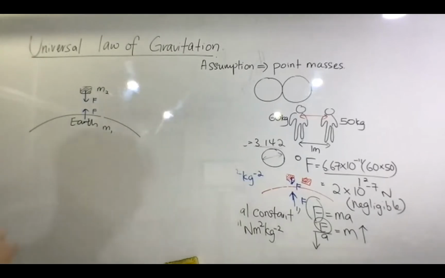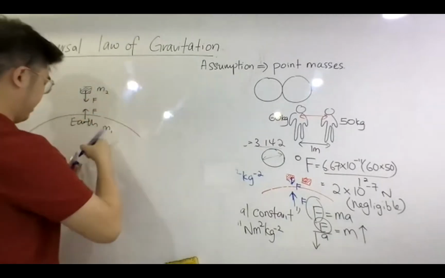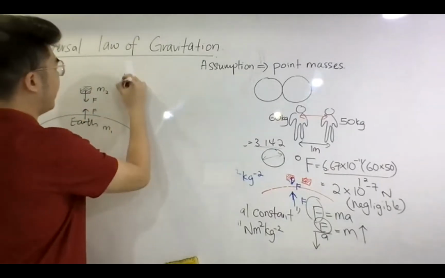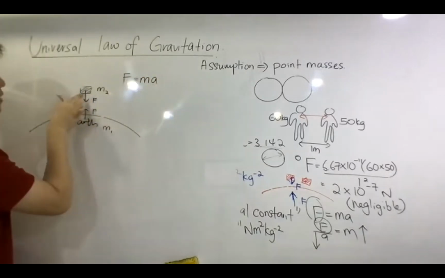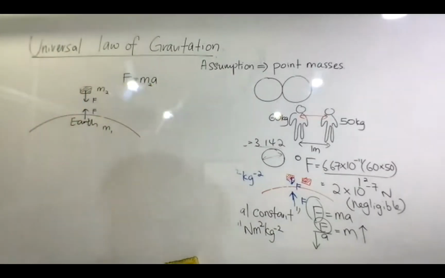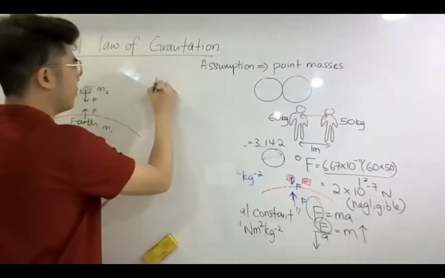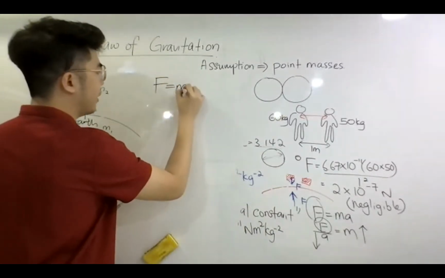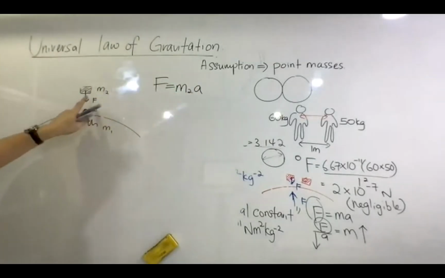Okay, when this force becomes the net force, I can use F equals to ma. F equals to ma. m 是这个 mass m, 所以 m2a. Can you see or not? This one I write it here. The bright spot is blocking you. m2a. Okay? Force acting on this one.